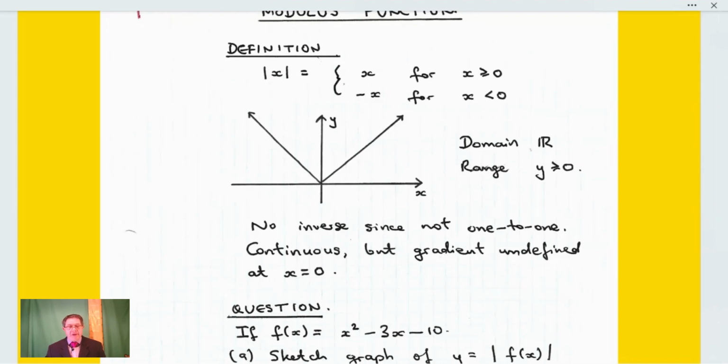There is no inverse function, since the graph is not one-to-one. In other words, there are two x values giving rise to the same y value. The graph is continuous. It can be drawn without taking your pen off the paper, but the gradient is undefined at x equals naught.